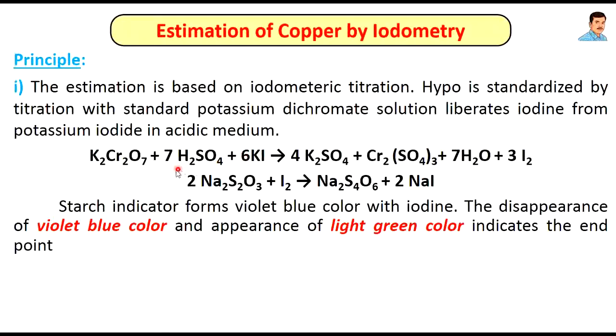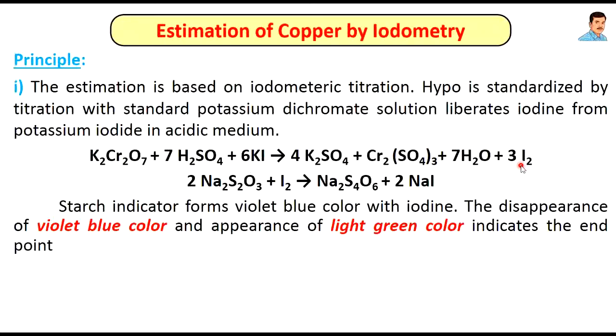The reaction is K2Cr2O7 + 7H2SO4 + 6KI gives rise to 4K2SO4 + Cr2(SO4)3 + 7H2O and 3 molecules of iodine. In this experiment, we have to use sulfuric acid, as potassium dichromate requires acidic medium to work as a powerful oxidizing agent.